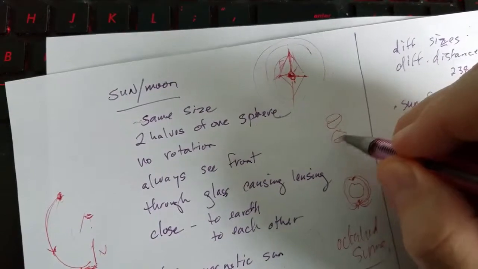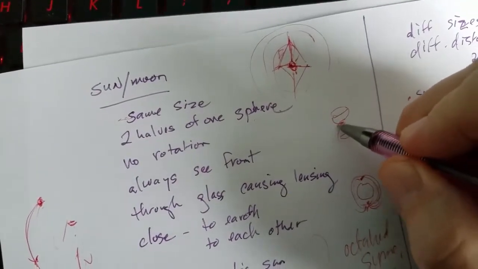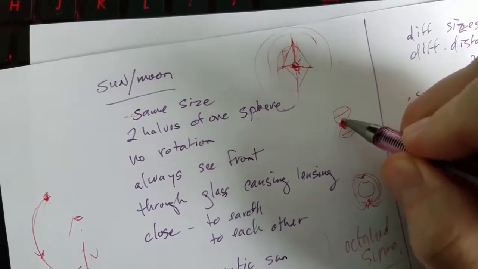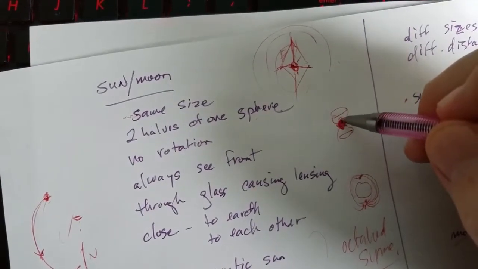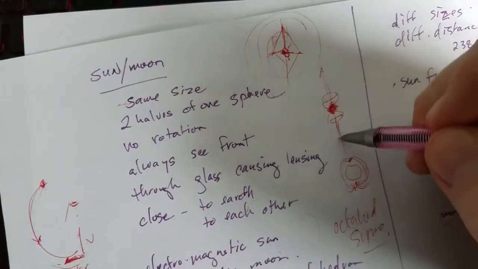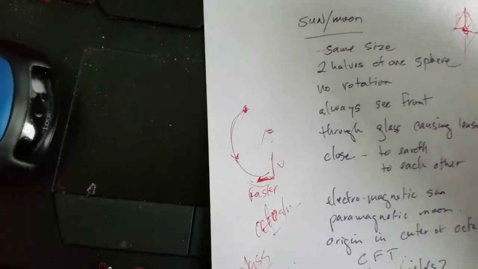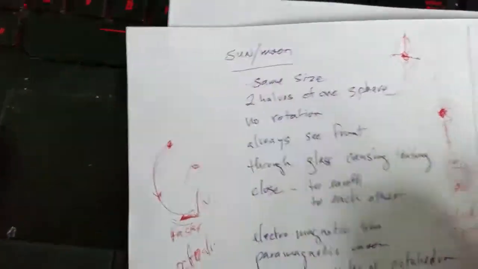Okay, now he's got the bowls opposite each other, and it's creating this plasma energy of light here, but there's holes in the center of these bowls, and it creates this magnetism that shoots out projectiles, basically. So that's probably how the sun and the moon formed initially in the center of the Earth. If you understand crystal field theory, look into primer fields as well.